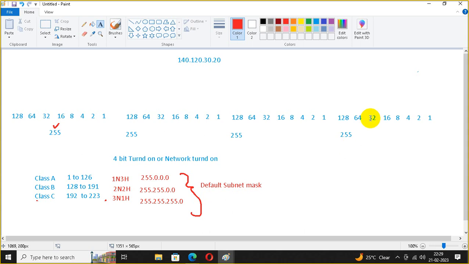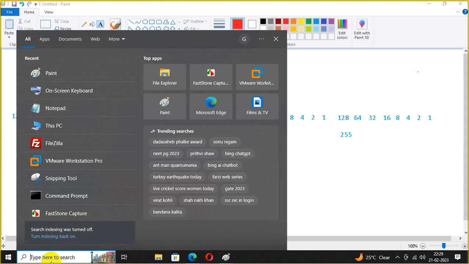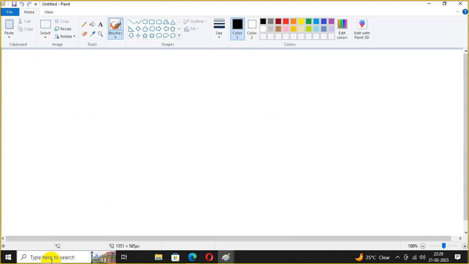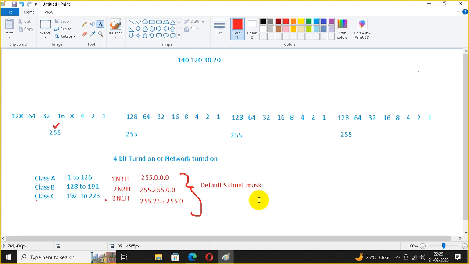Perfect. Now let's say I have an IP address. I'm requesting everyone, please take a screenshot of this page, or take a mobile screenshot, whatever you want.